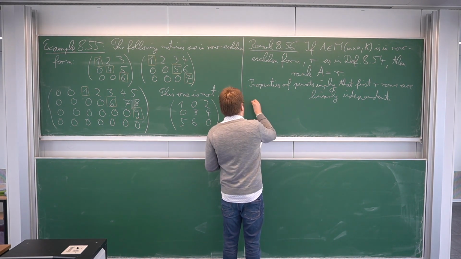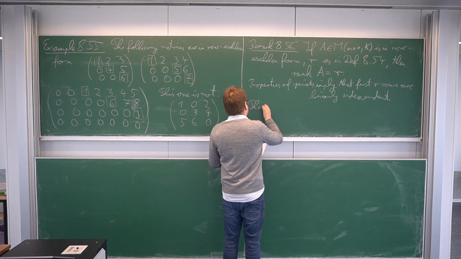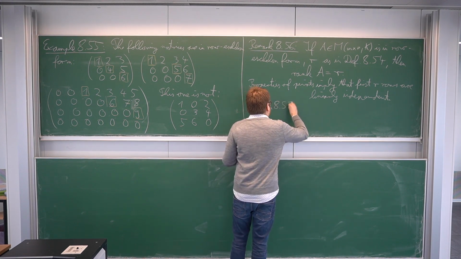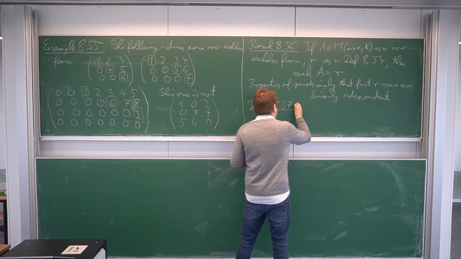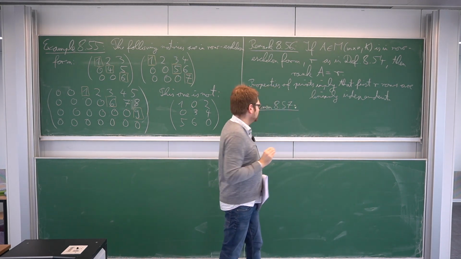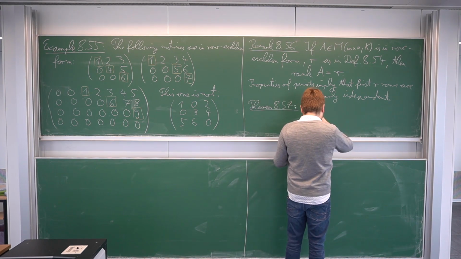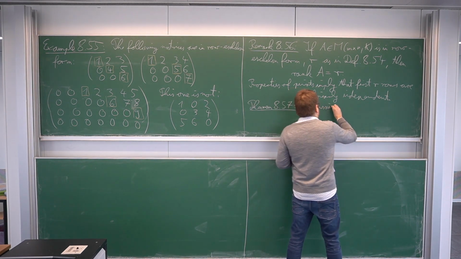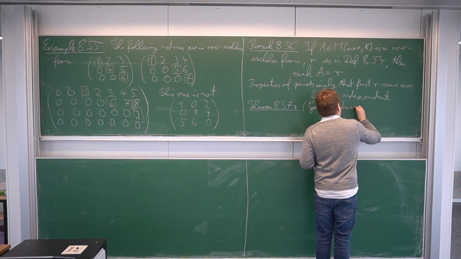This was already known to Gauss. Probably he used a different language and not this abstract language of matrices, but the idea behind this is really an old thing. I think Gauss mostly used this to explicitly solve systems of linear equations, which we'll do later. So this theorem is called Gaussian elimination, or this procedure also, Gaussian elimination.